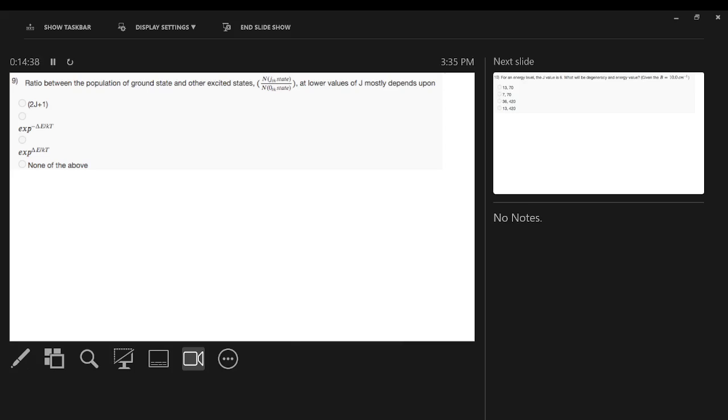We wrote this expression, N initial over N0, equals 2J plus 1 times e to the power of minus delta E by kT.